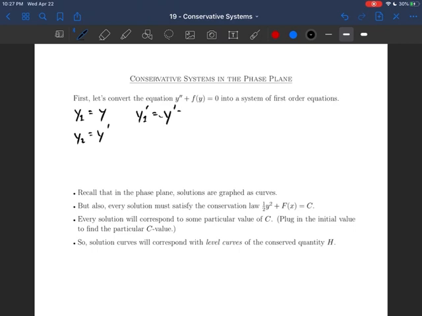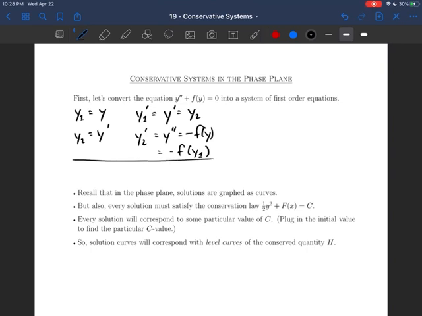Let's call y1 just equal to y, and y2 will be equal to y'. So now we can get differential equations for these. y1' is equal to y', which is the same as y2. So y1' equals y2. All right, so that's one equation.